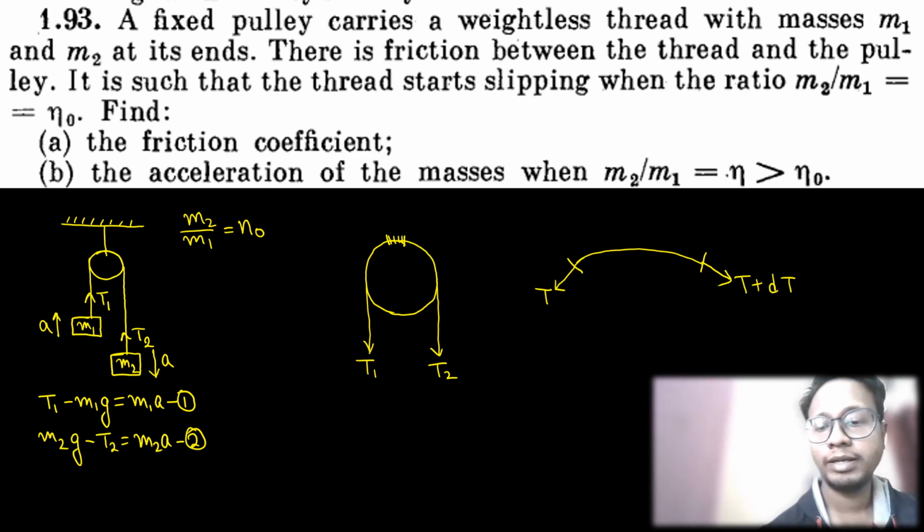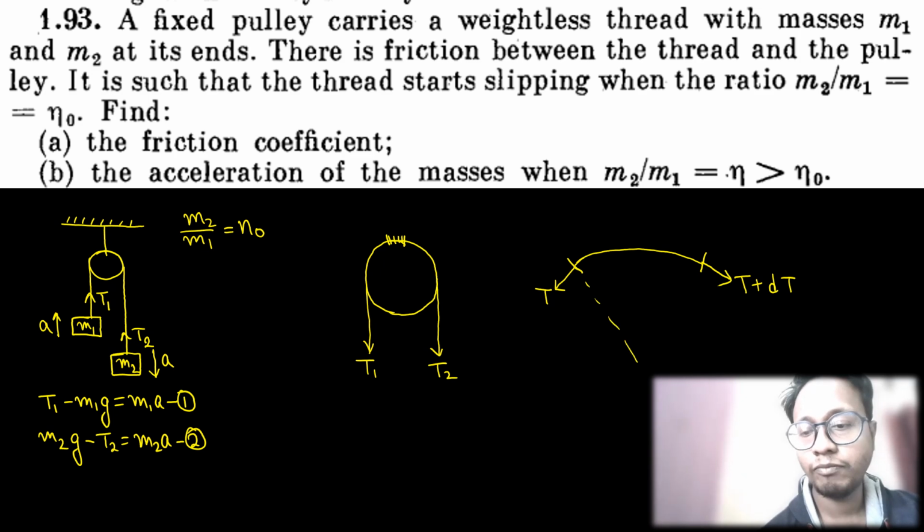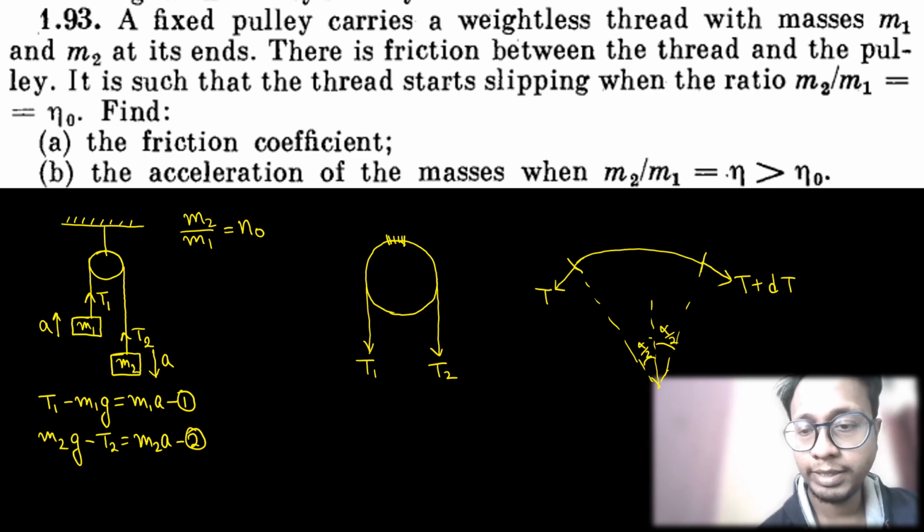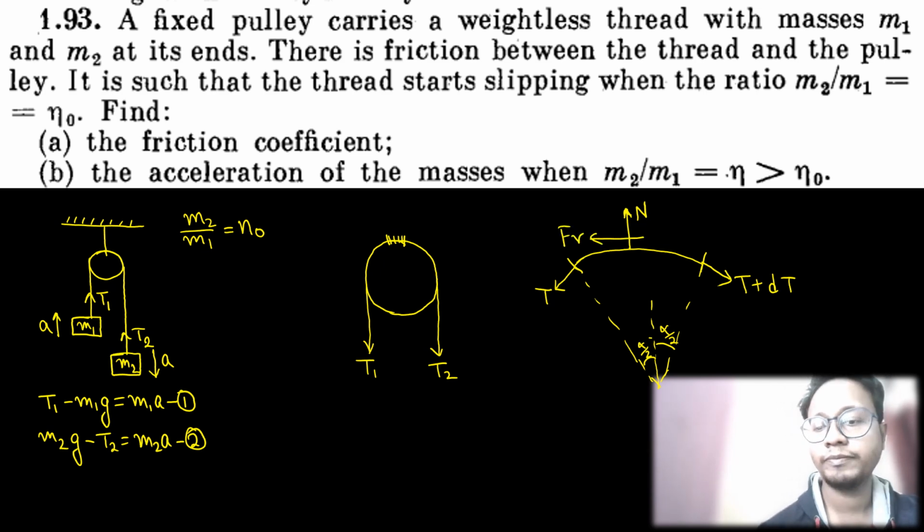Now if I join out here, make this angle equal to alpha by 2, this angle equal to alpha by 2. Normal force is acting upward and friction force is acting opposite to the direction of motion.